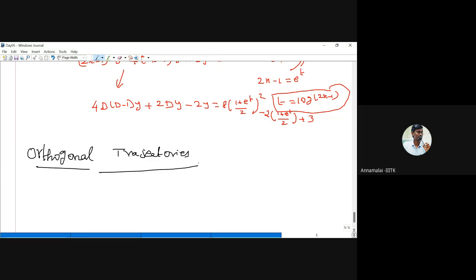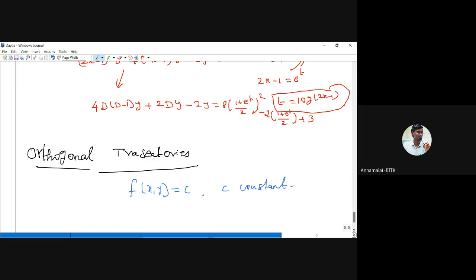So what it says, suppose sometimes they give some family of functions or family of curves. For example, some function of two variables, f of x comma y equal to c, where c is constant.